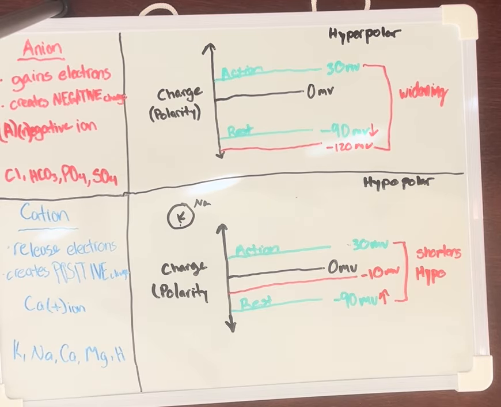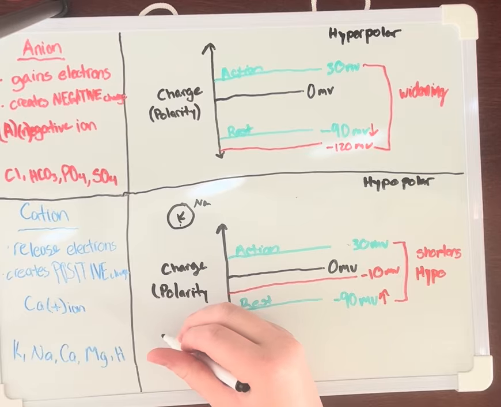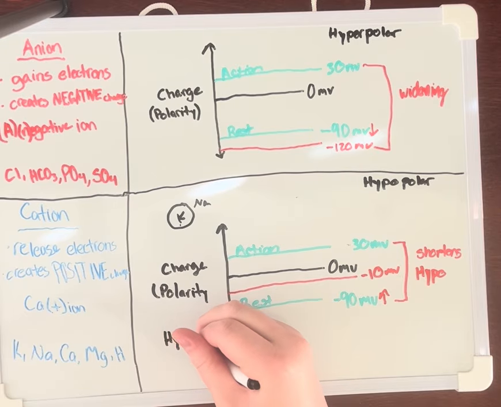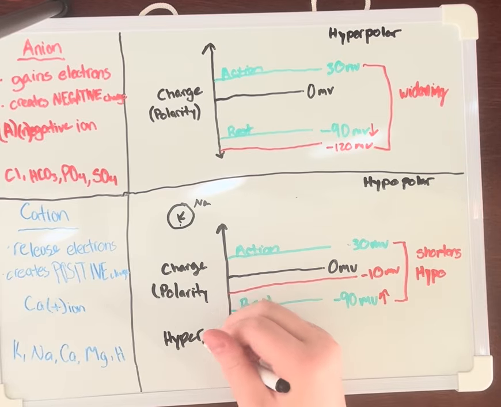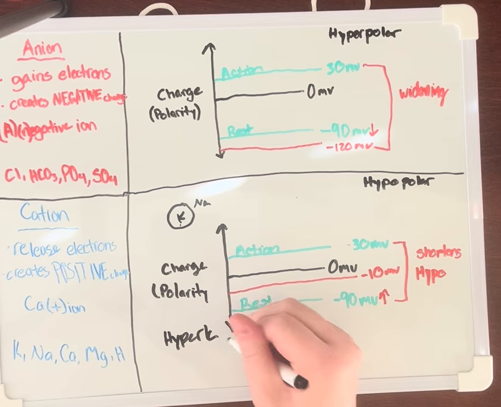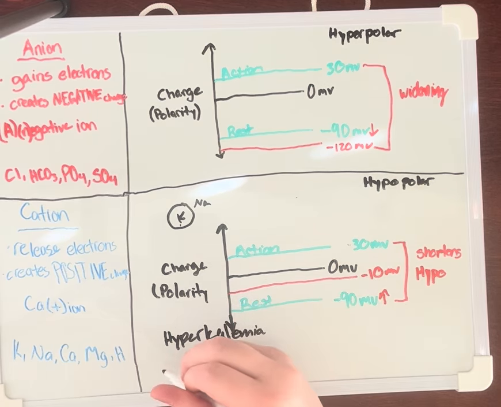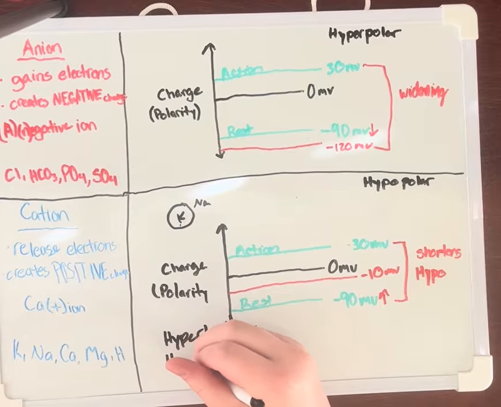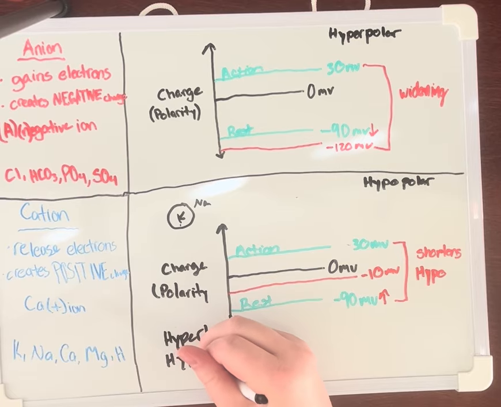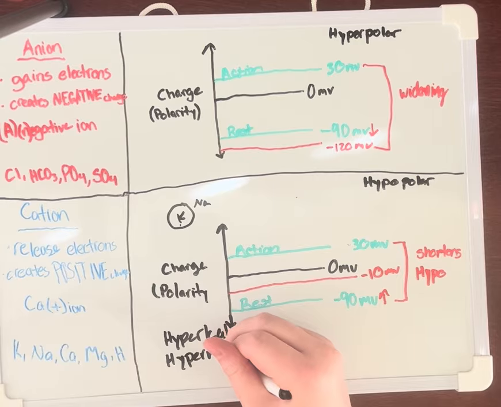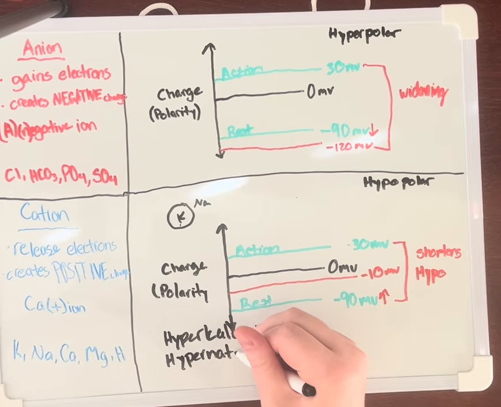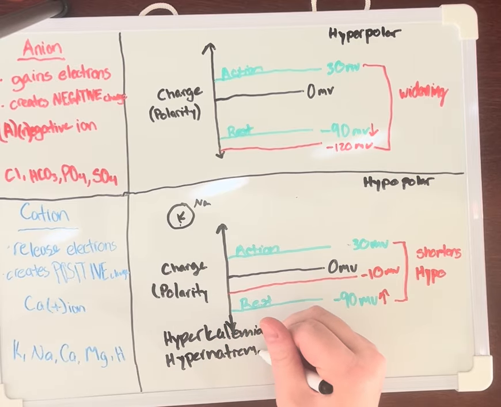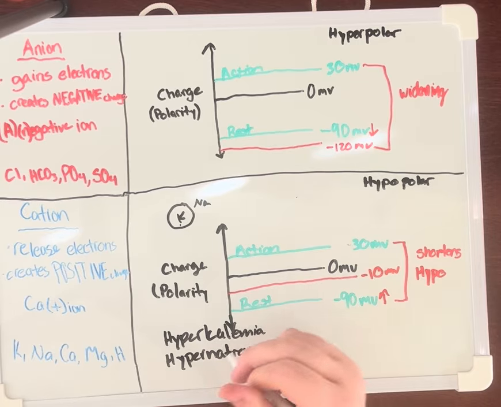So I'm going to use hypopolarity for our example. So with hypopolarity, you have hyper K, and then hypernatremia. I always feel like I'm spelling those wrong.